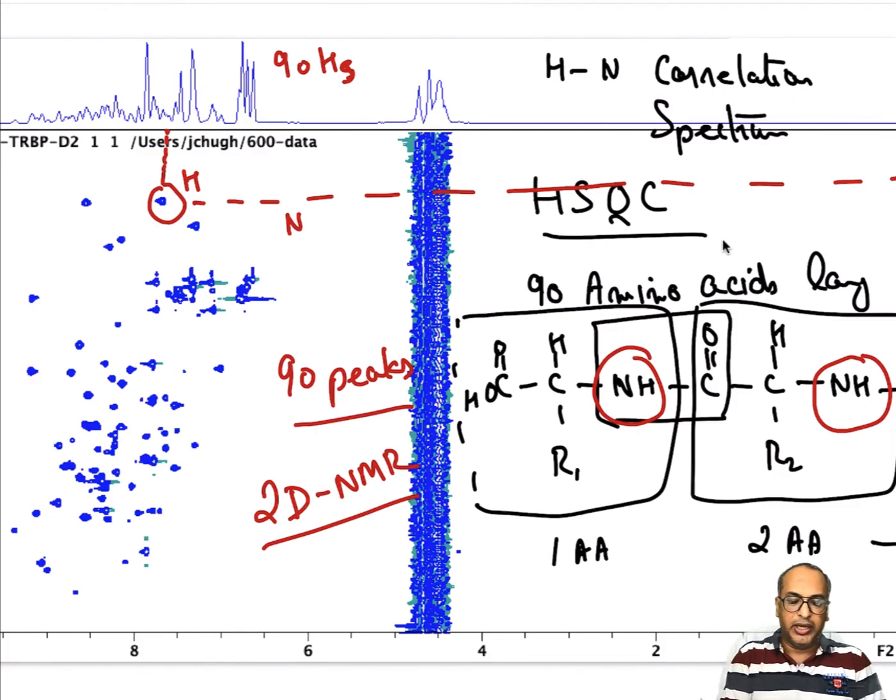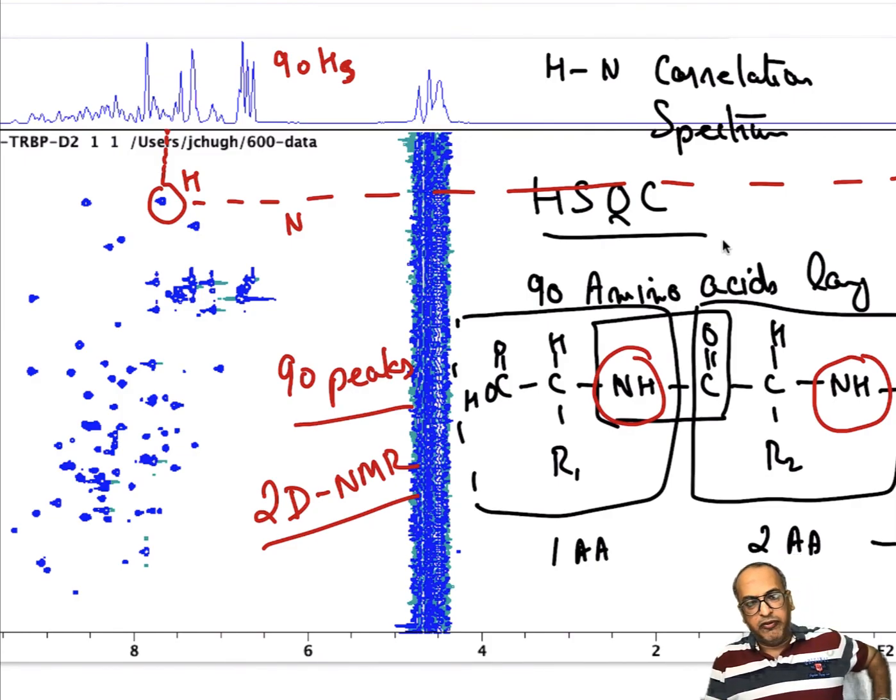That means any property which is different in those overlapping protons can be used to resolve the ambiguity, and thus these protons give you a lot more information when they are resolved and not overlapped like this, right? Similarly, we can go on increasing the dimensions as required. However, there are downsides of that also, but we will discuss that when we come to two-dimensional NMR experiments.